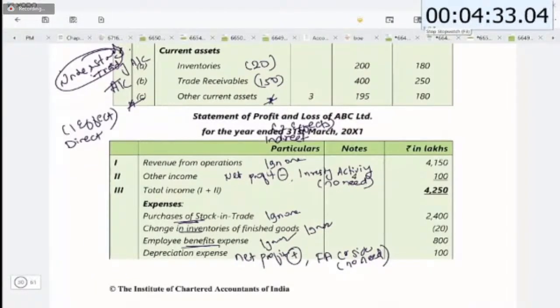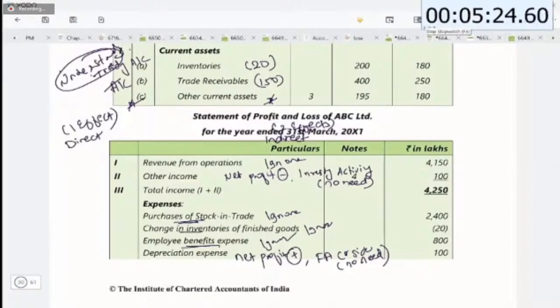Please make sure that you are writing. Yes guys, over. The provision for tax is a provision, means you have to provide it.